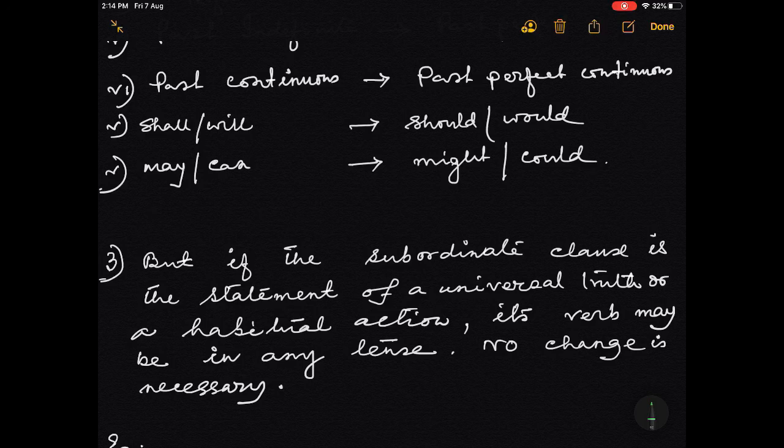No change is necessary, even if the verb in the principal clause is in the past tense. Why? Because the subordinate clause is the statement of a universal truth or a habitual action. There will be no change.